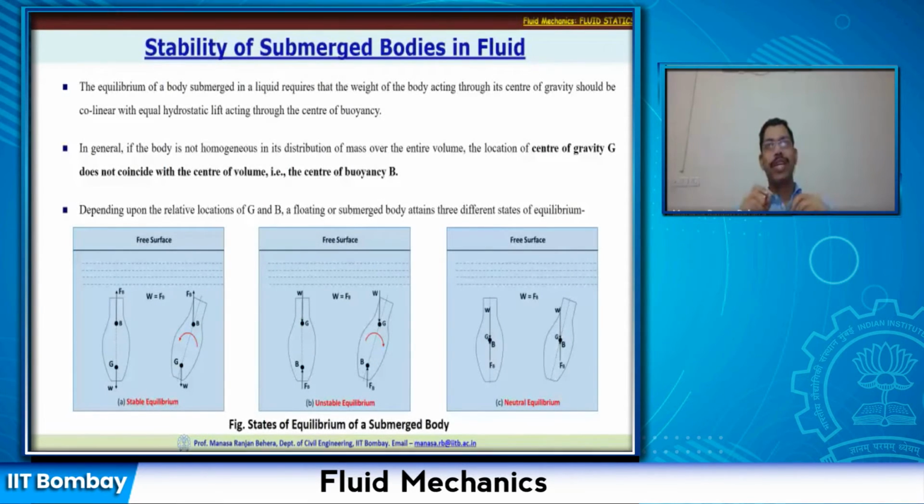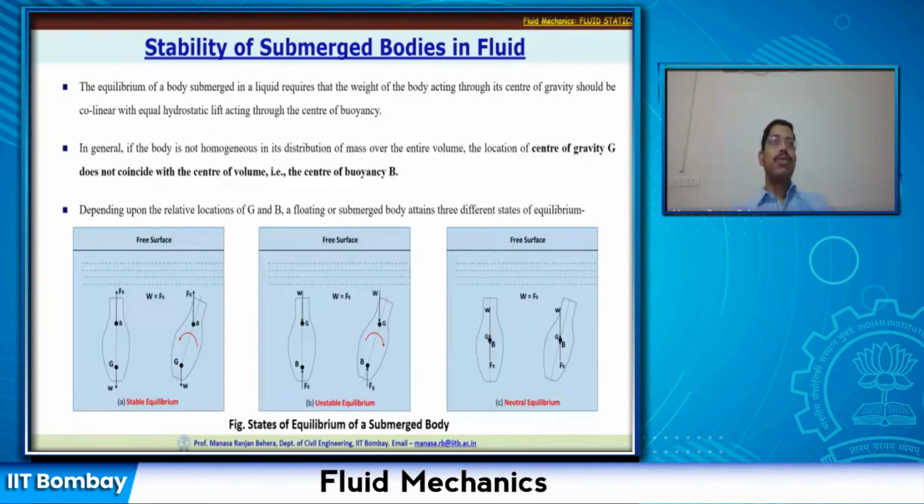So center of gravity and center of buoyancy are not necessarily the same points. Center of gravity is the CG of the body, so it depends on the shape of the body and density of the submerged body, whereas the center of buoyancy is the center of the fluid volume that is displaced. The density is different in this case, so the center of buoyancy would be different.